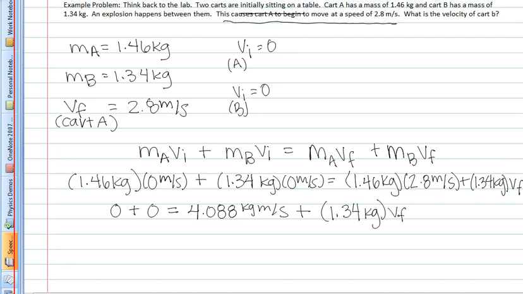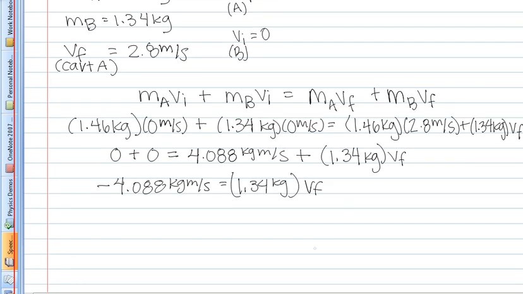So we'll subtract our 4.088 over. That would equal our 1.34 kilograms times our final velocity. And what we end up seeing is that our final velocity ends up equaling a negative 3.05 meters per second.